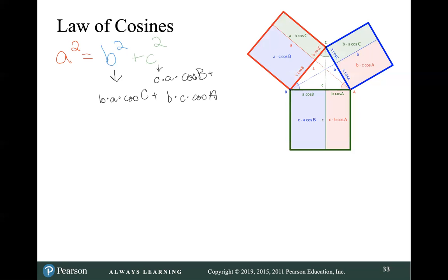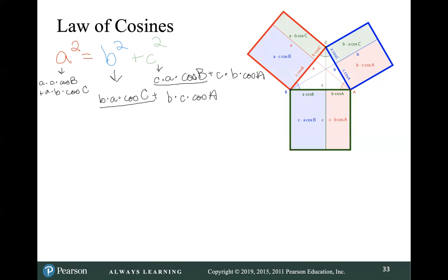So see, I'm adding up all the little rectangles, c times b times cosine of a. And a squared is just a times c times cosine of b plus a times b times cosine of c.